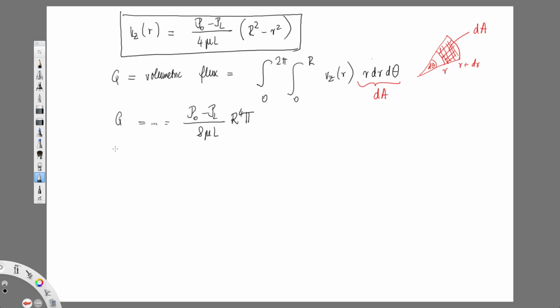And now average velocity is easy. It's Q divided by the area, which is R squared pi. So my average velocity is (P0 minus PL) R squared over 8 mu L.